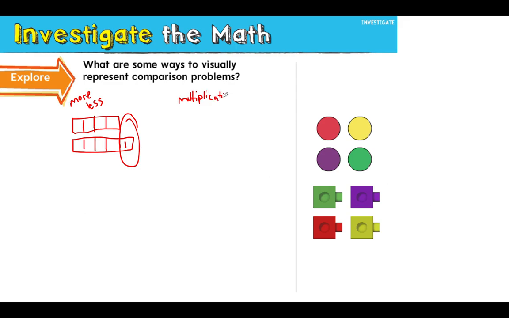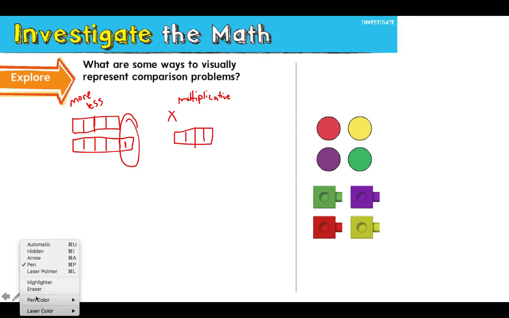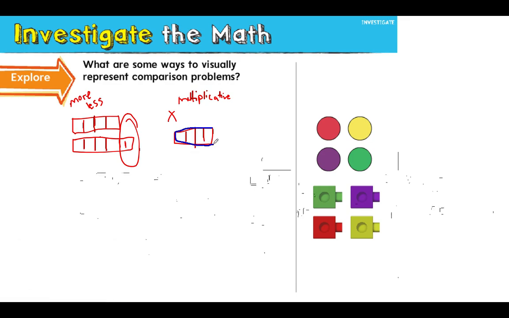So we're doing multiplicative comparison, and the words you're going to hear are times as many. So you might say Lisa has 4, right? Joe has 3 times as many. And what you're going to do is you're going to take Lisa right here and you're going to draw it 3 times. 1, 2, 3.